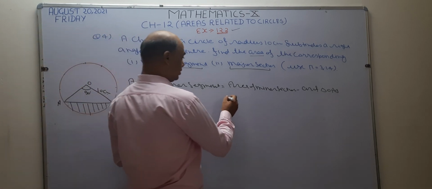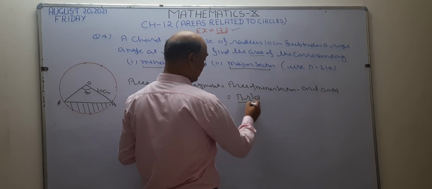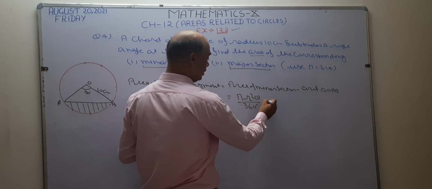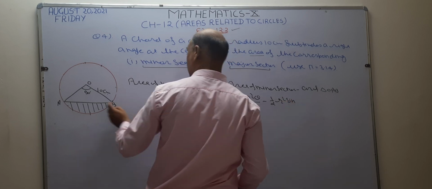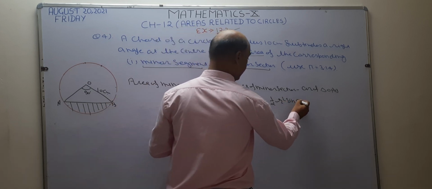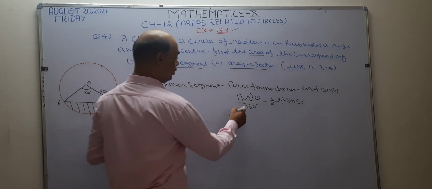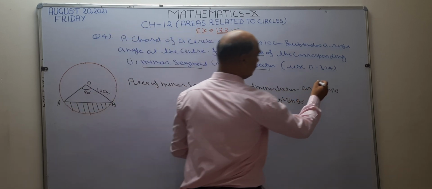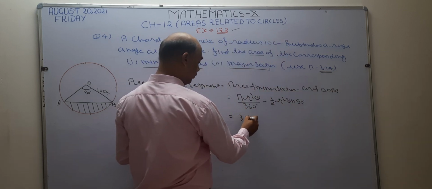Now, the area of the minor sector, you know, is pi r square theta upon 360 degree minus 1 by 2 r square sin theta. Theta is given, so write here 90 degree. Clear? In this question, the value of pi is given as 3.14, and I want to use this value. So instead of pi, I write 3.14.